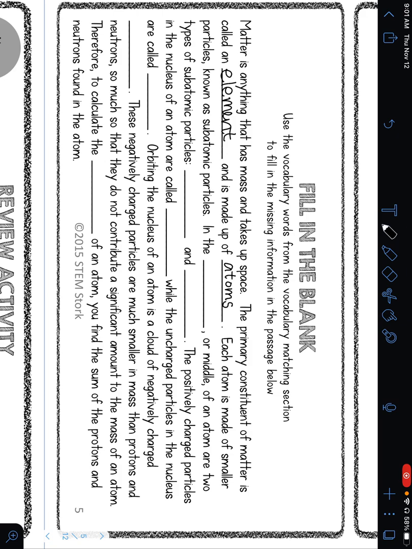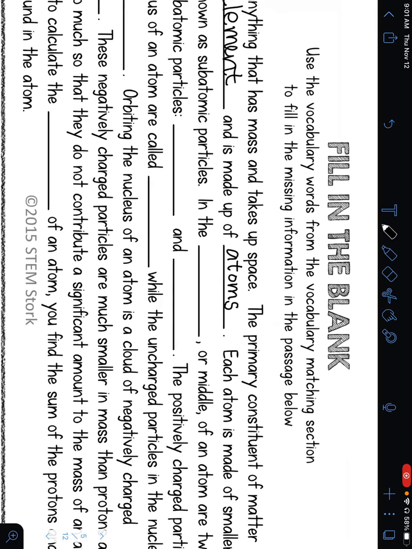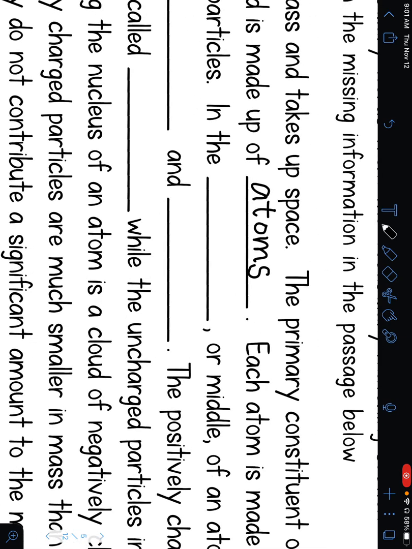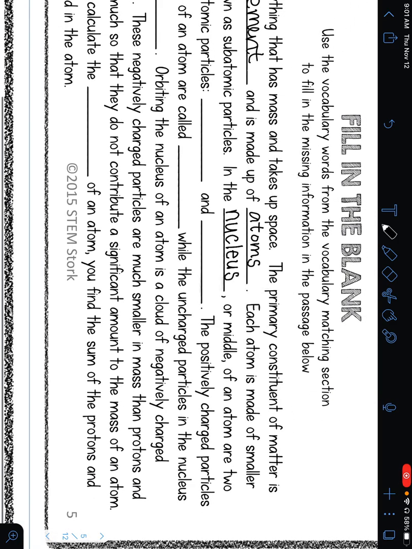Sub meaning below, less than atomic particles. In the blank, what's the middle of an atom called? The middle of the atom is called the nucleus. Remember, the nucleus is that middle of the atom.